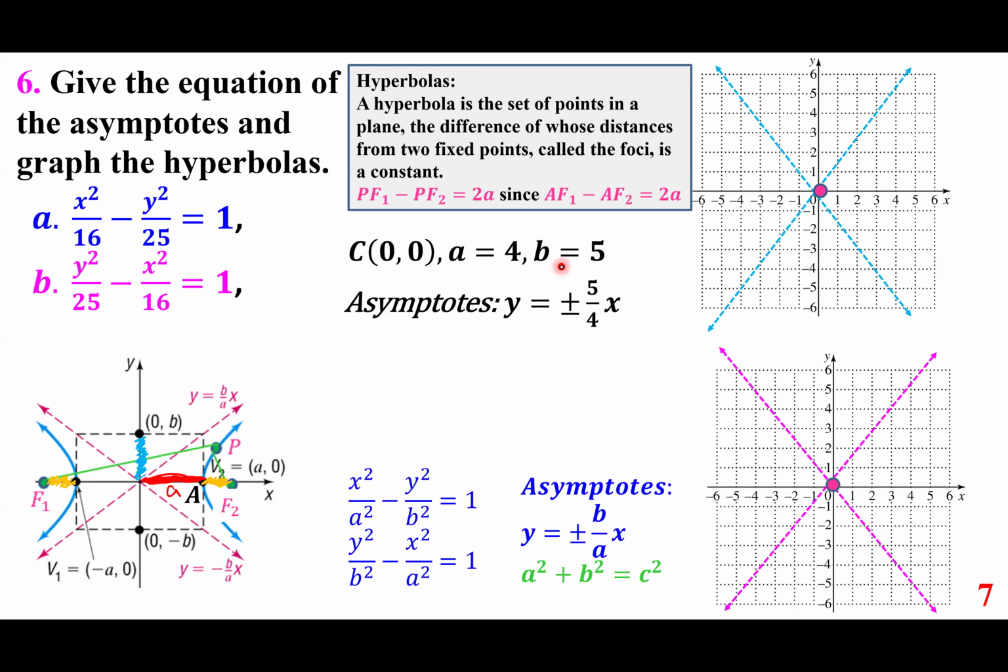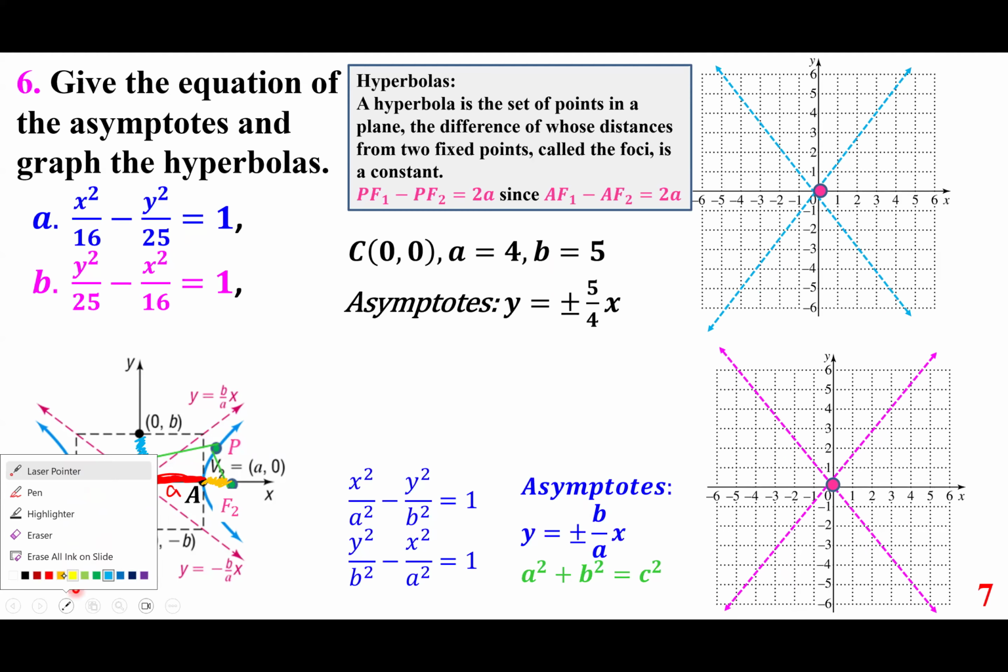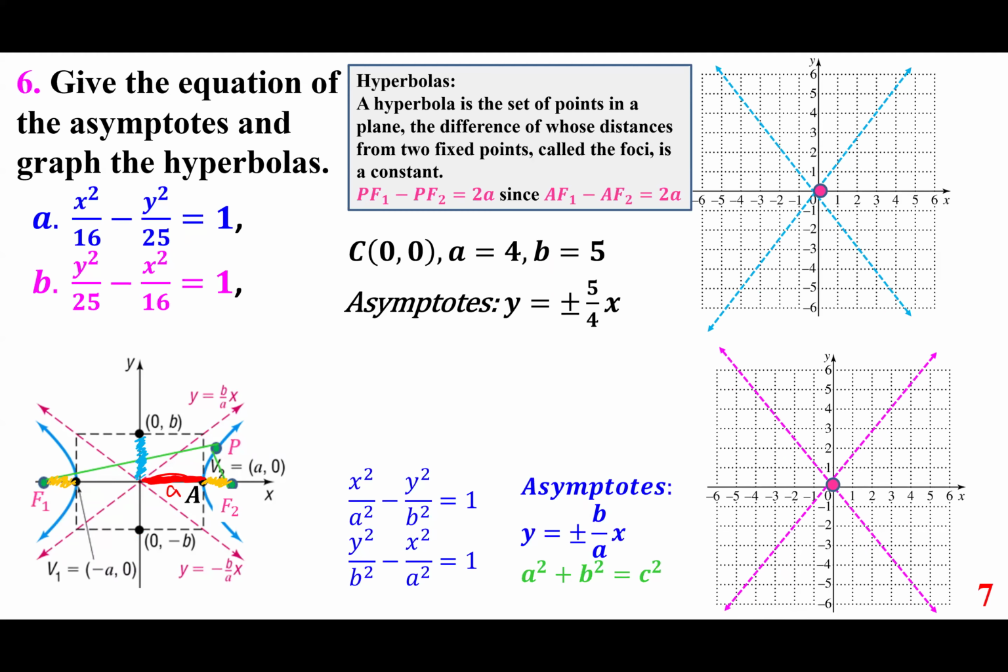Now, it's important to know that to graph that, you can pick up a couple of pairs. I do it two ways. One is, let me just do one of them, 5 over 4 x, for example. You can just pick a couple of pairs. Obviously, (0, 0) is one of them.